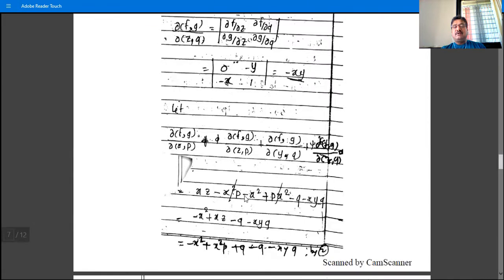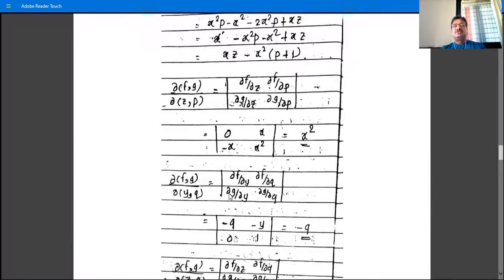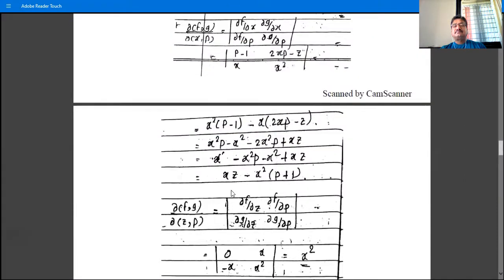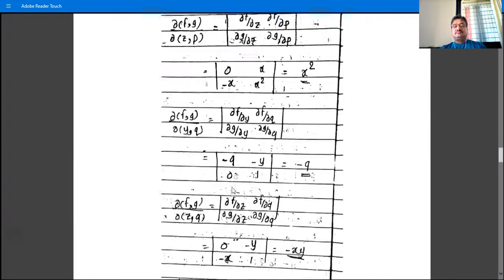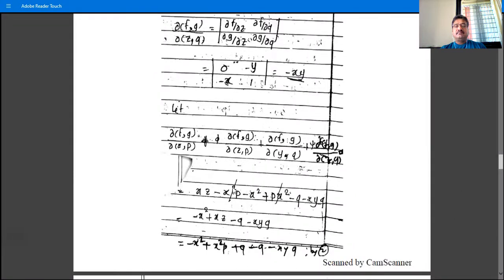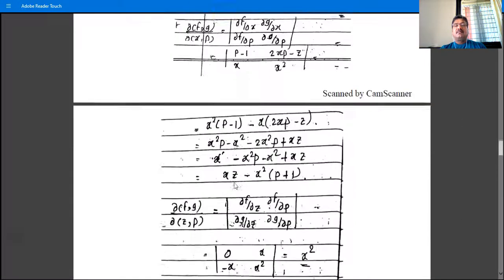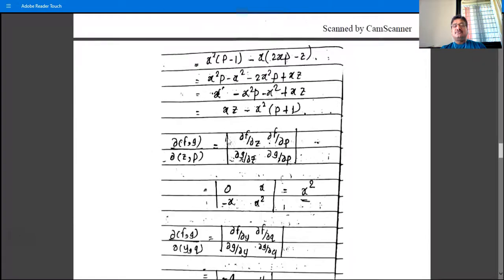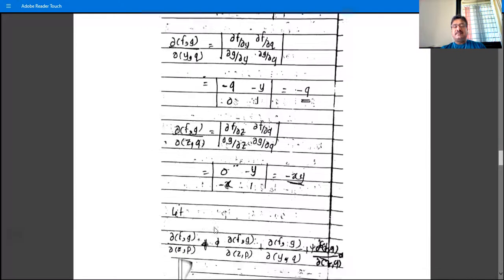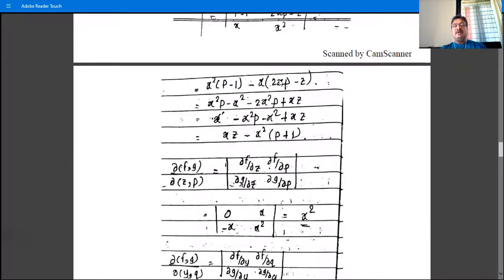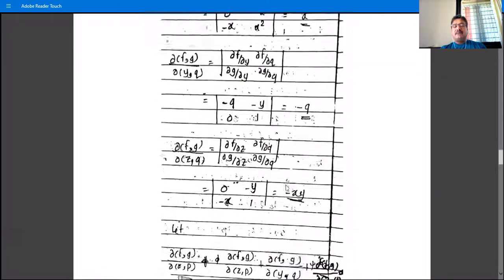So we have the value x square p. Yes, ∂f/∂x, ∂p is xz minus x square p minus x square.